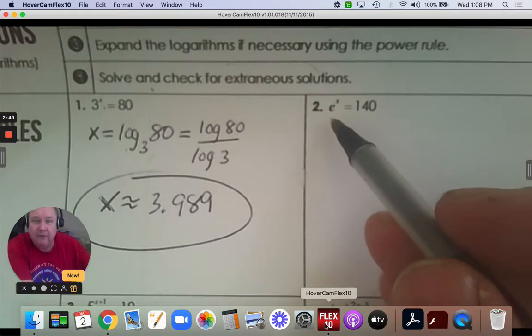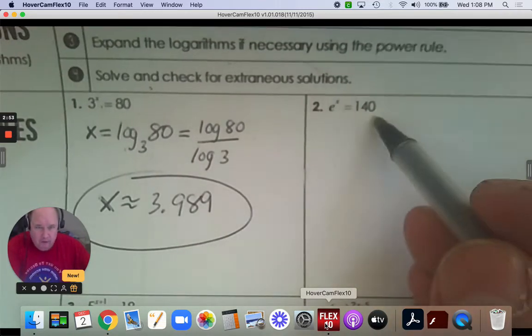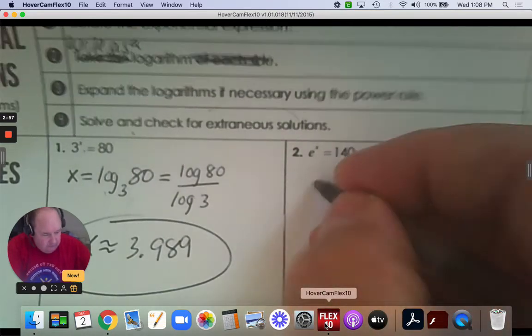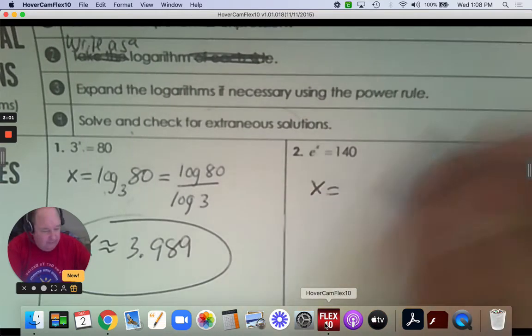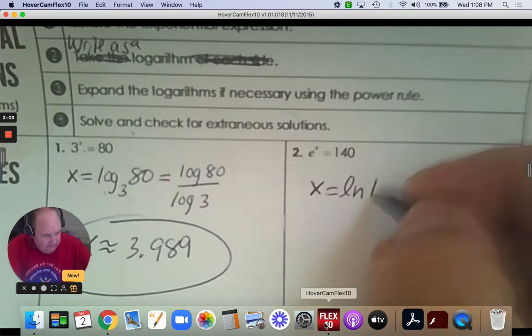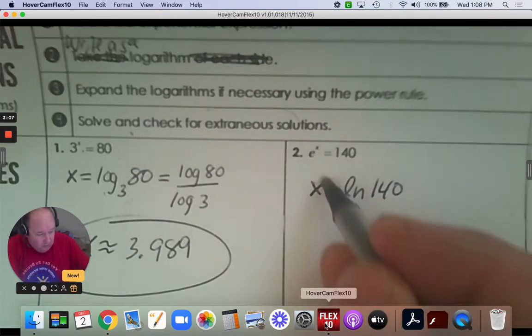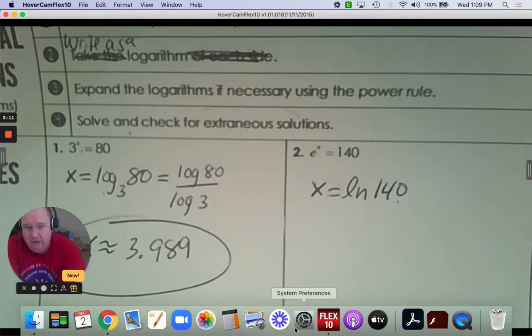All right, let's solve this equation. e to the x equals 140. So we're going to solve this by writing it as a logarithm. The exponent is x. The logarithm that has a base of e is called ln, and then inside is 140. And that's it. x is already by itself. Just type that in your calculator, and you have the answer.